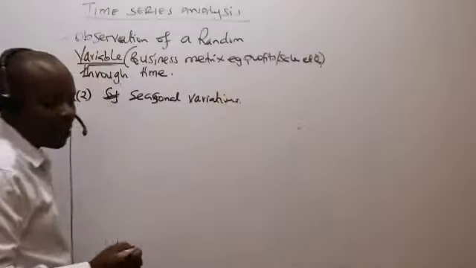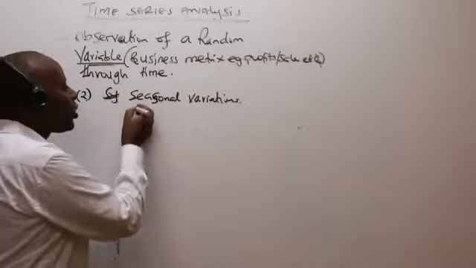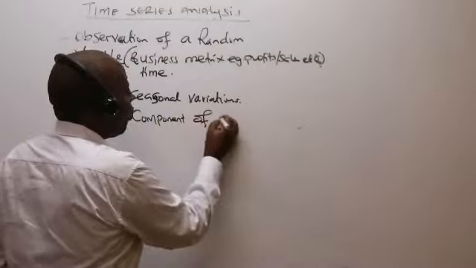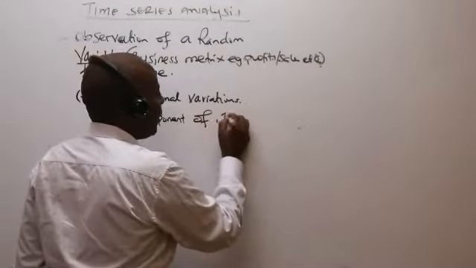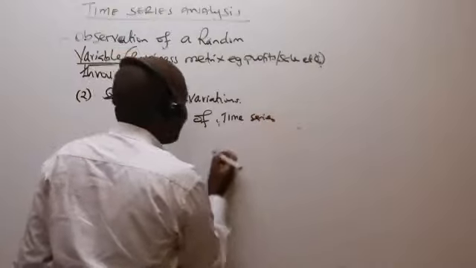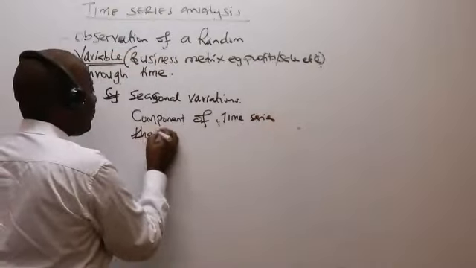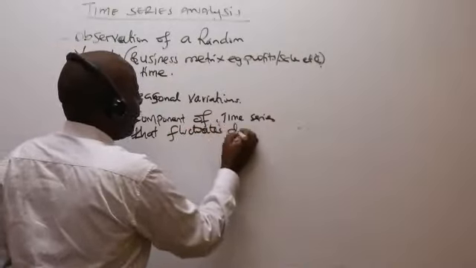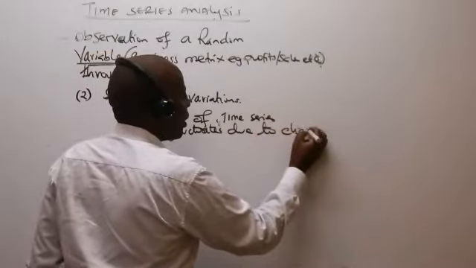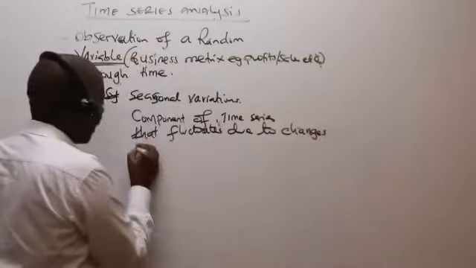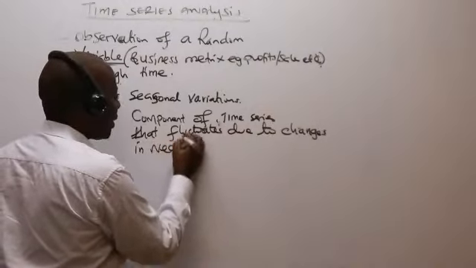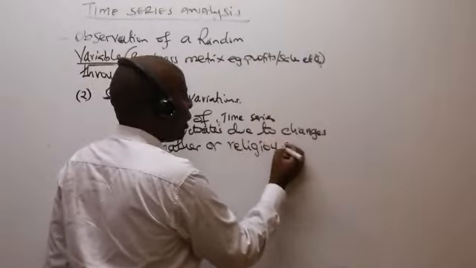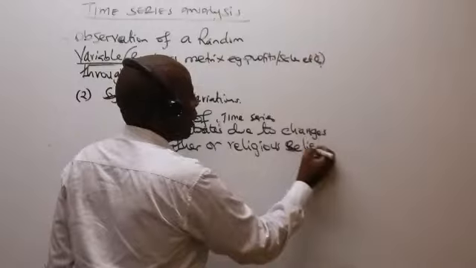When we talk of seasonal variations, this is the component of the time series that fluctuates due to changes in weather or religious beliefs.